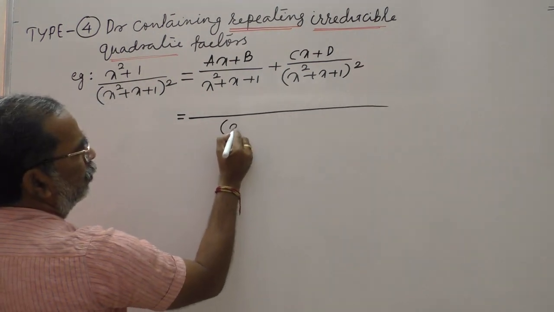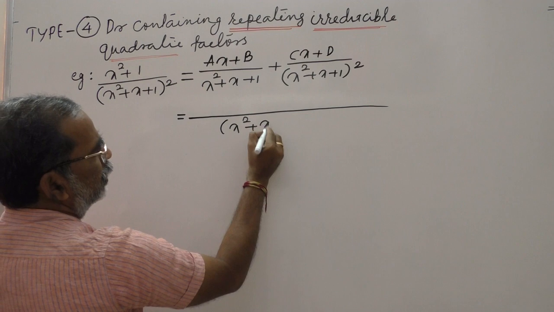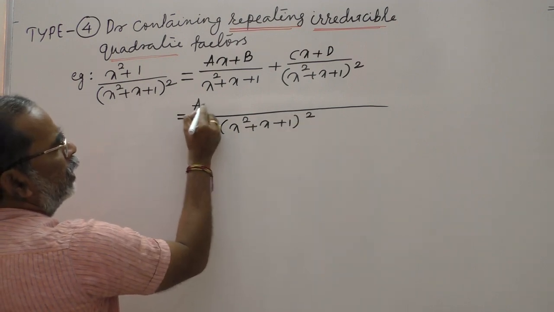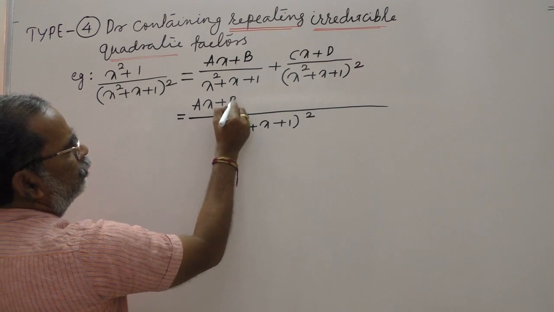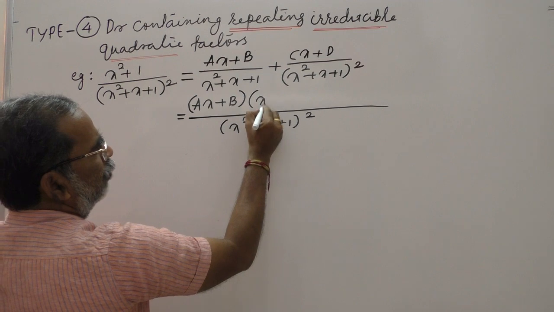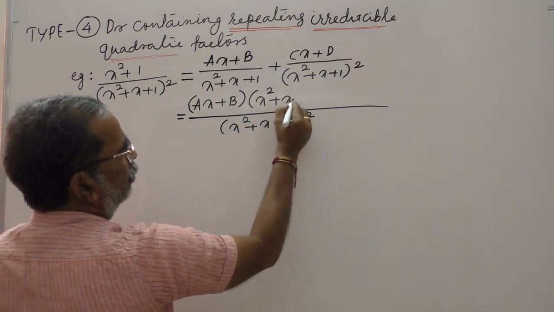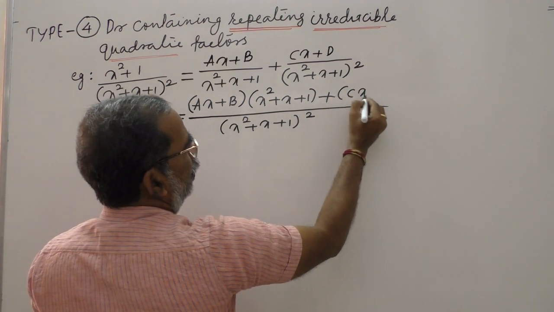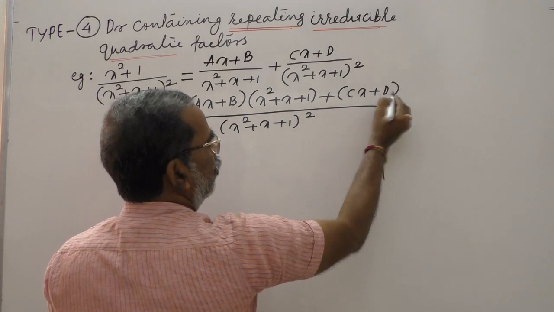What is LCM? X square plus x plus 1 whole square. Here we will get ax plus b carefully. Here only one factor is there, therefore one more factor comes. And here it is cx plus d.